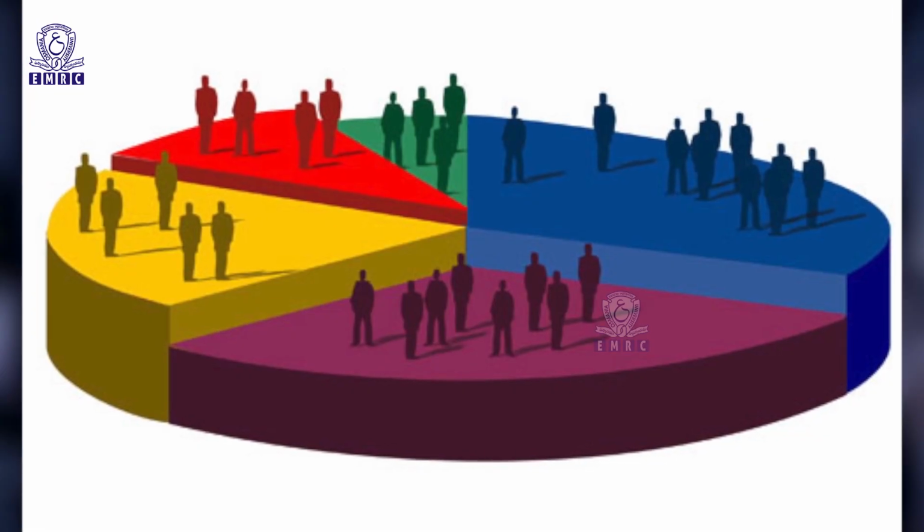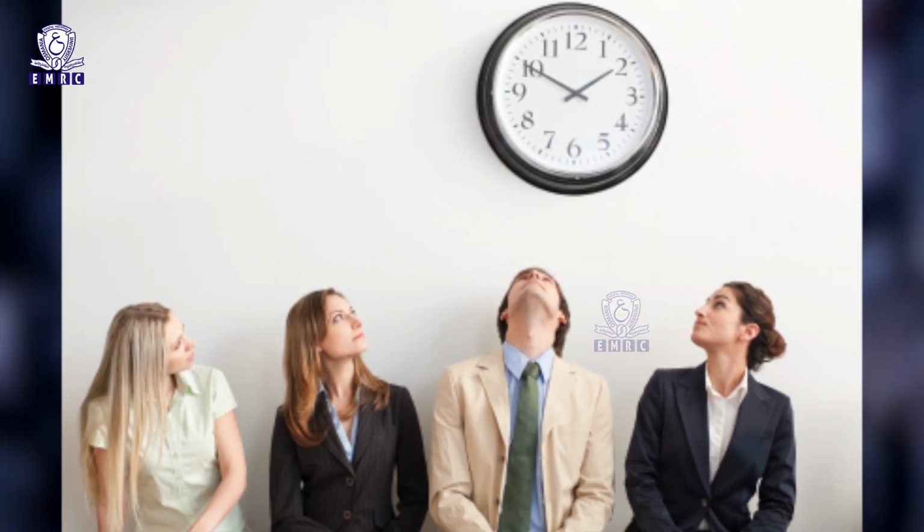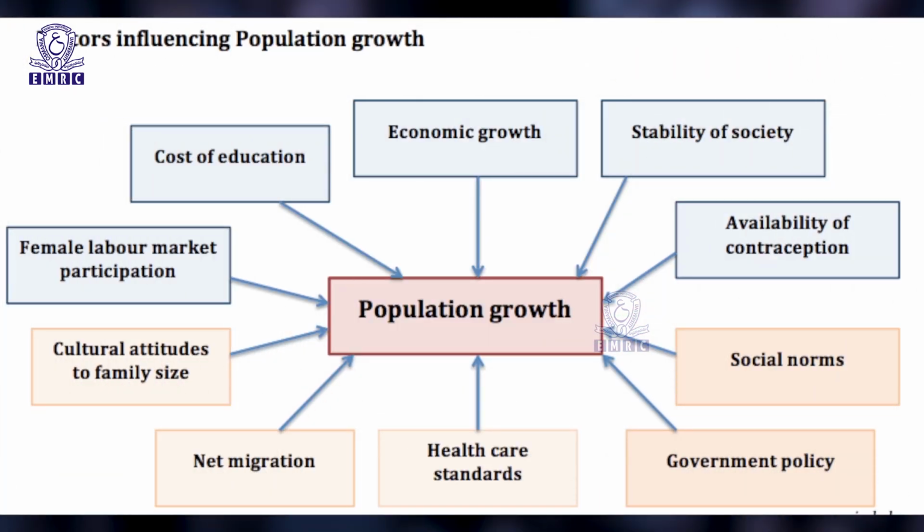The population composition is the internal structure attributes at a particular point of time. It also helps in understanding and providing a clearer vision of the dynamics of population changes.